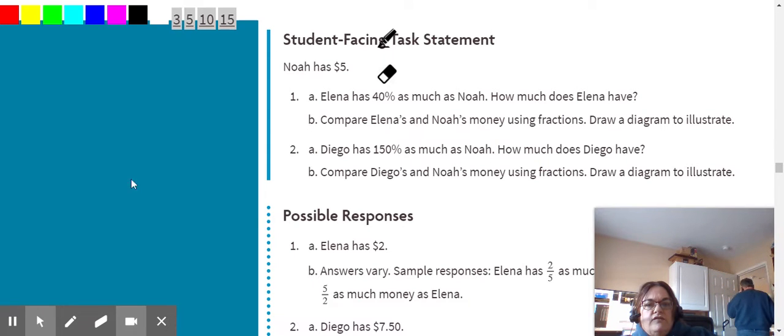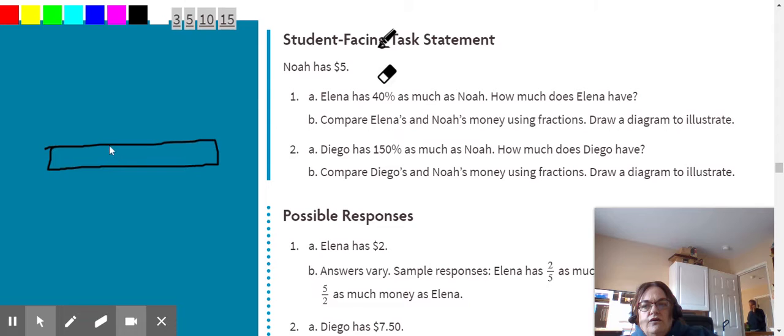Diego has 150% of Noah. So if you're drawing the tape diagram for that, actually, no, because you're dividing it into 3s.